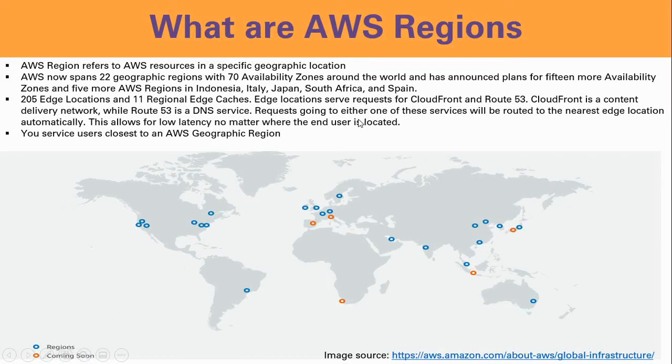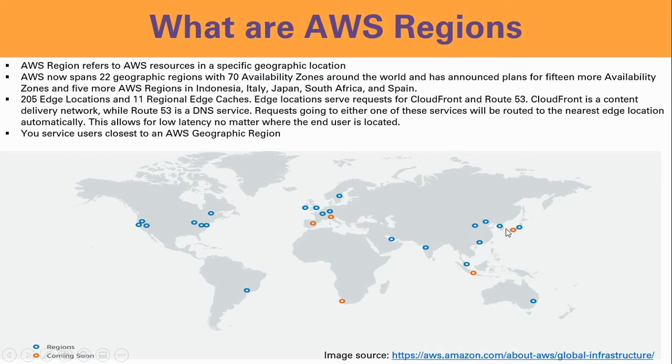So what that means is, the benefit of CloudFront is if the web server is based in America, however the user who is accessing this service is currently located in, suppose, Japan. Now, instead of the request being routed each time all the way to the web server in America, which creates high latency instead of low latency, most of the static content like HTML, CSS, JavaScript could be just stored in the edge location.